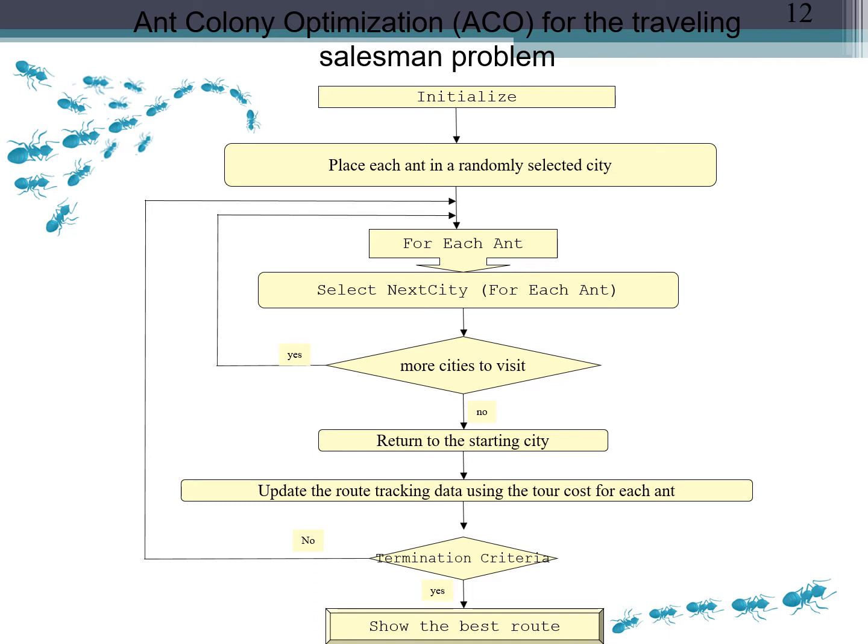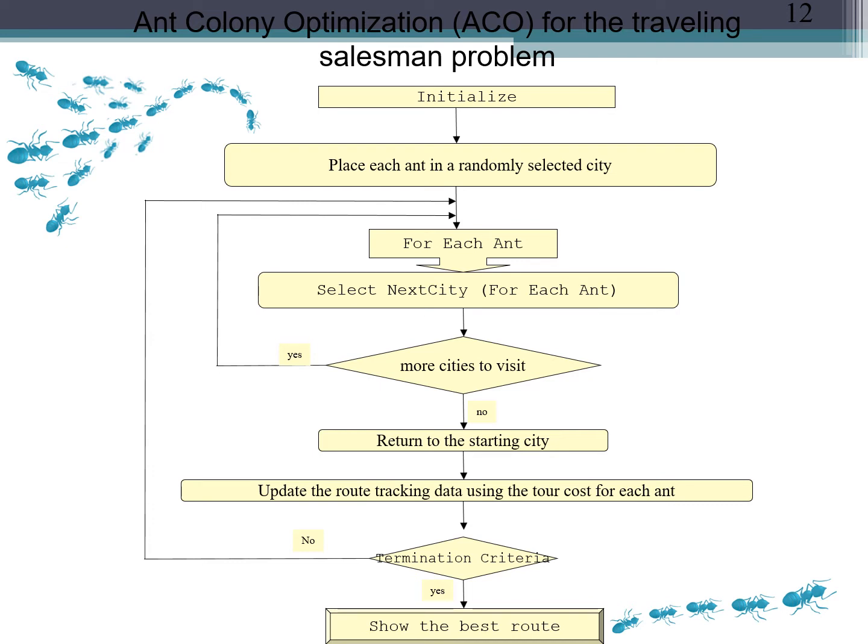Then we place the ant at our initial city, or we can actually randomly select the city if necessary. For each ant, then we select the next city. We know the function of probability, so we'll move with this probability to the next city.